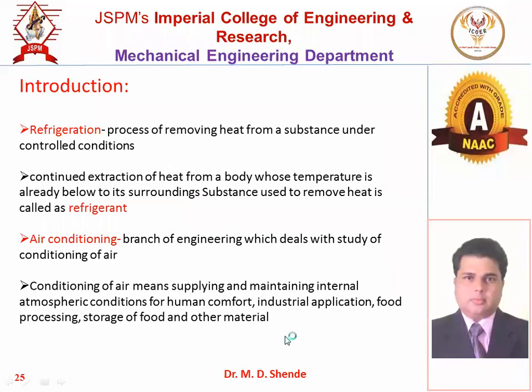There are two parts. First is refrigeration, and the second part is psychrometry. Psychrometry is nothing but the use of air conditioning, how to maintain the air at a particular temperature and humidity. So one by one we will see in detail. From here we will go smoothly, slowly.